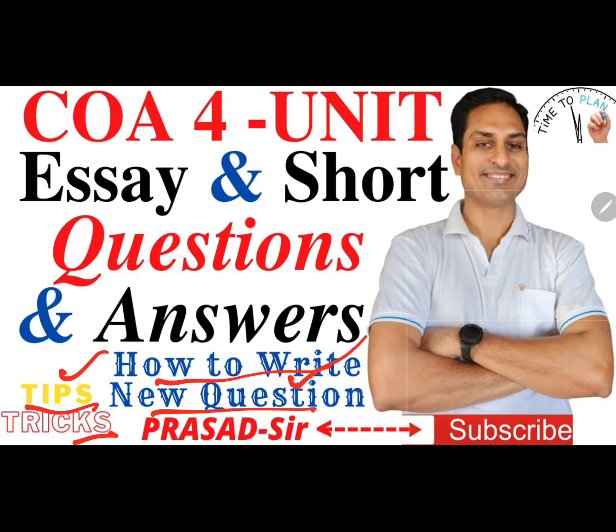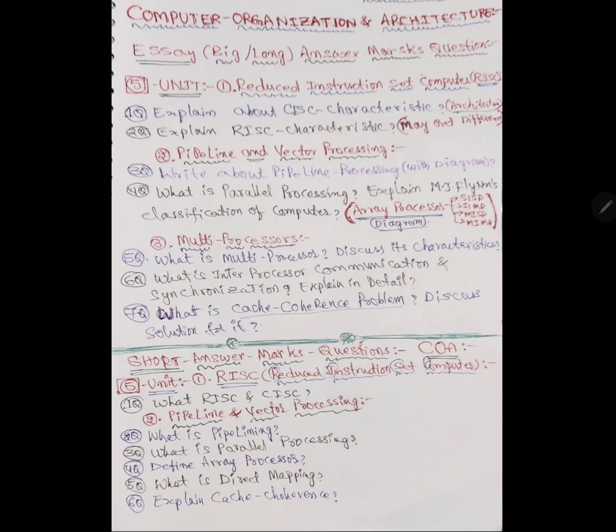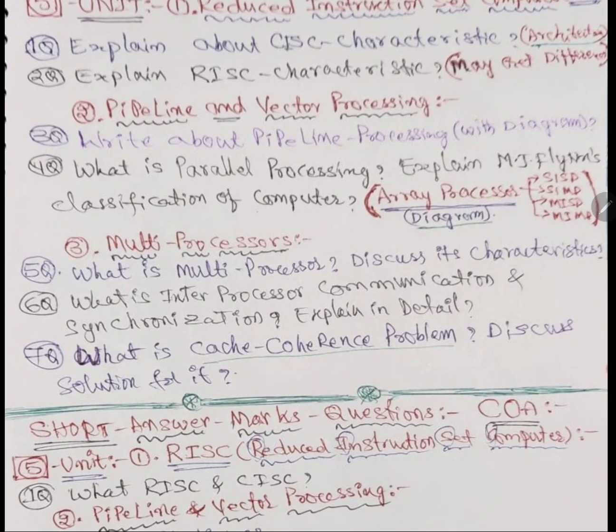means unprepared questions. We will get some twisted questions, some scientist name questions, some shortcut questions like explain about DMA, explain about Flynn's algorithm. I told you in my previous video also. For example, in 5th unit, see here, what is parallel processing and explain about Flynn's classification.